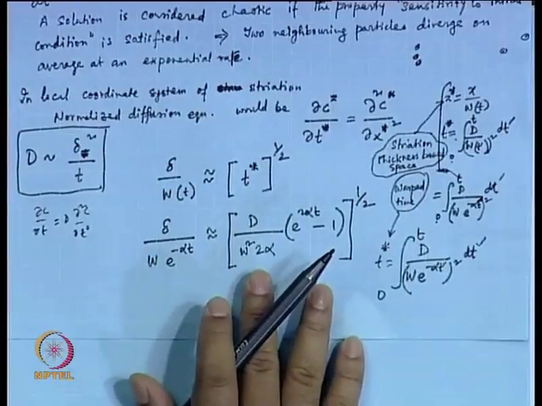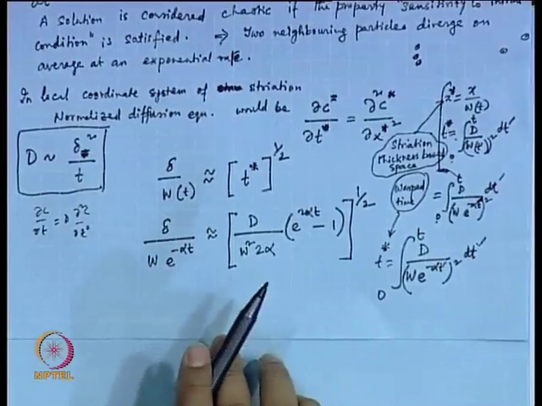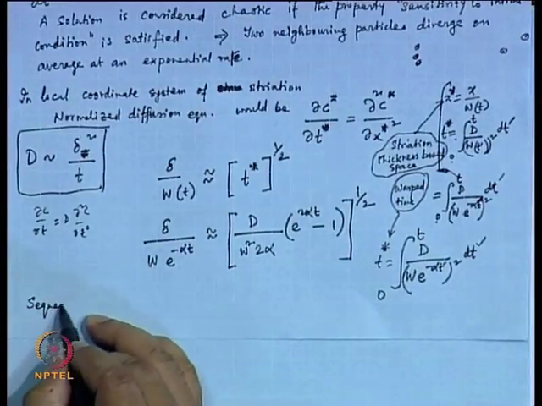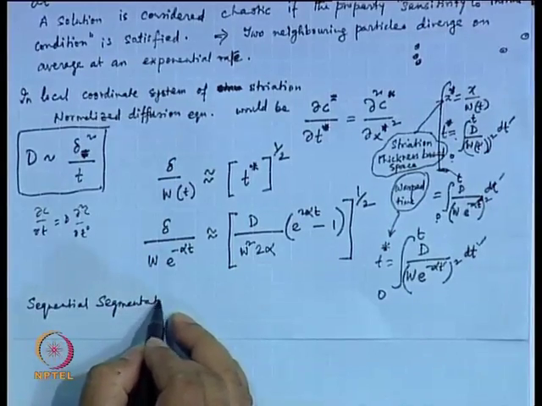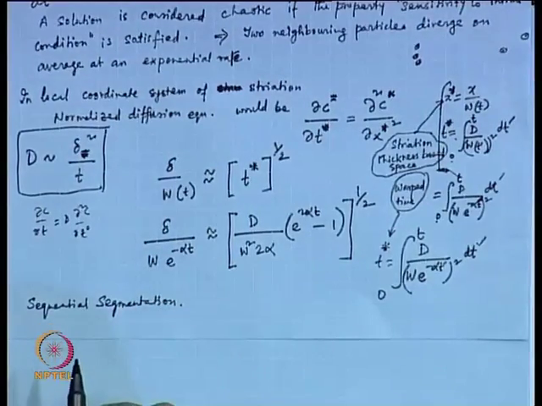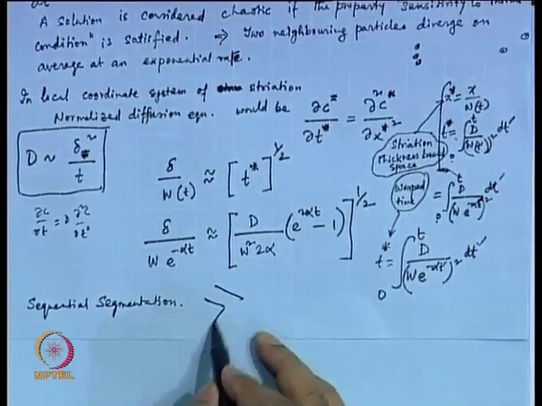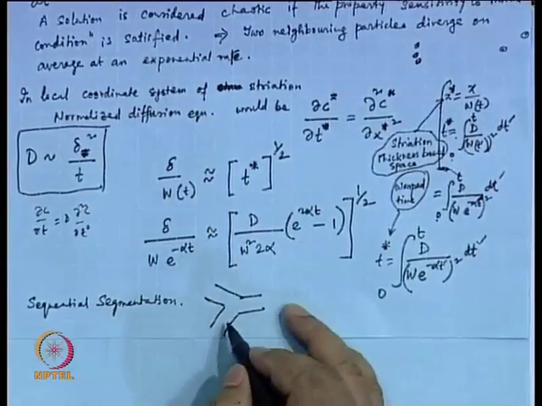In the next class, I will try to extract some more information from this equation that I have here, and then I will discuss a topic known as sequential segmentation. This is also another form of mixing, where there would be two streams coming in, with an on-off mode.